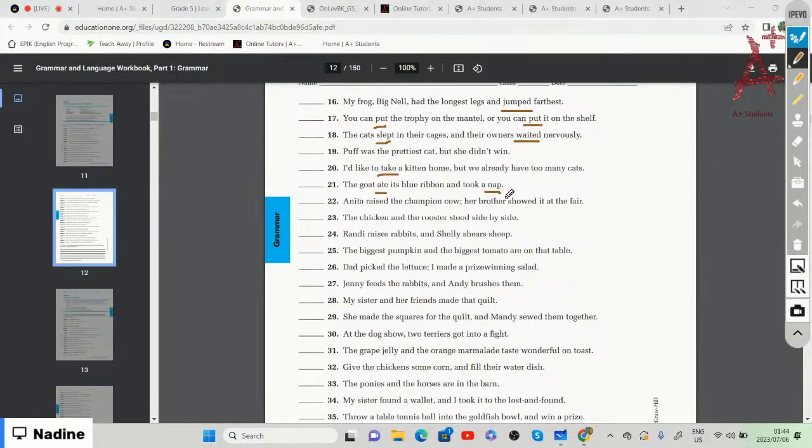All right, I'm going to do two more. "Anita raised the champion cow. Her brother showed it at the fair." We need to choose the two verbs within those sentences.